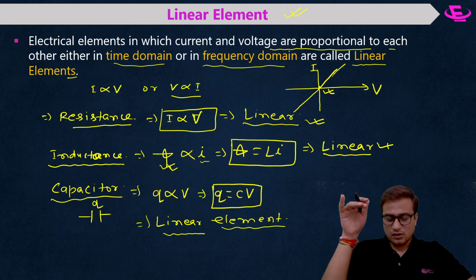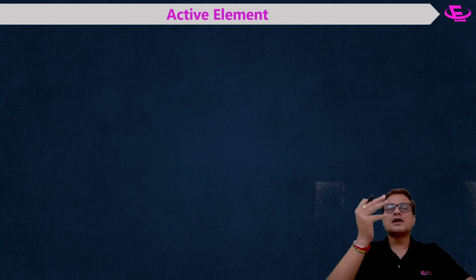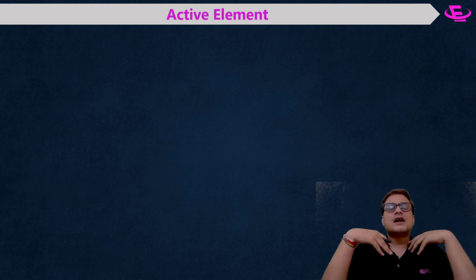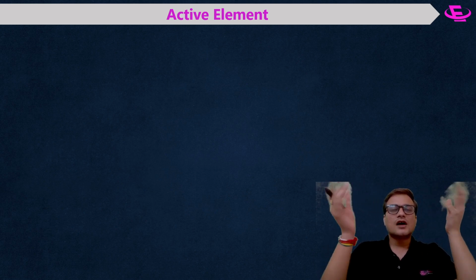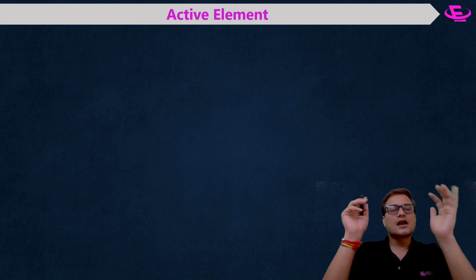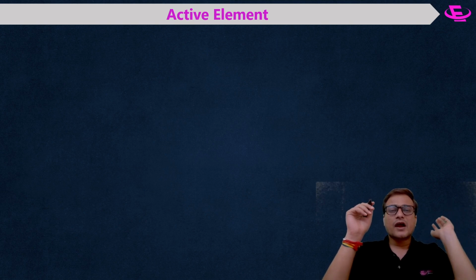So now next let us discuss active elements. What do you mean by active? What do you mean by an active person? An active person means from the morning if he or she starts some work, the works which we are assigning to them, they are completing the works. So those people are called active people.